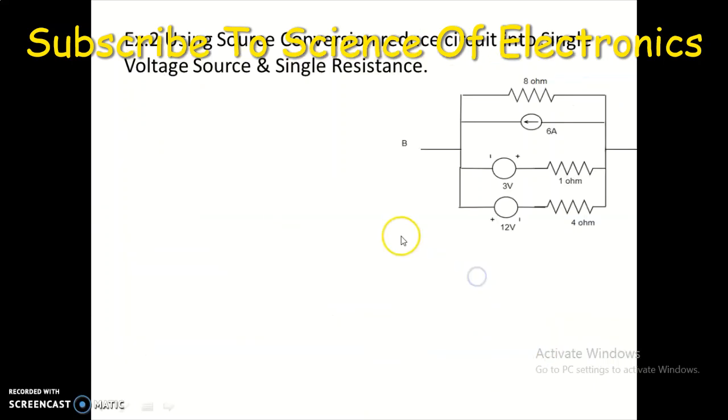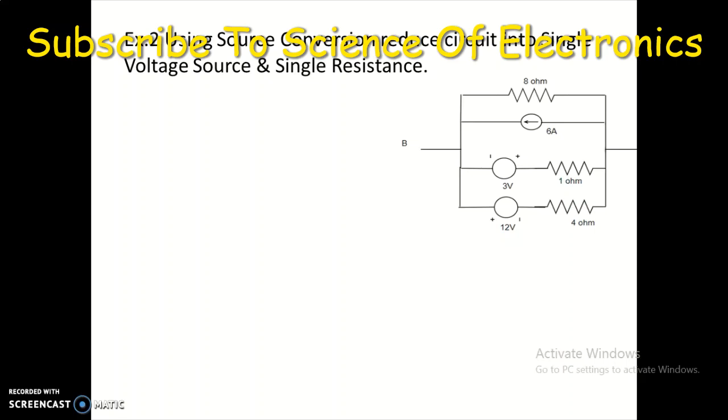Let us take one more example. In this example, using source conversion, we have to reduce the circuit into a single voltage source and a single resistance. Here we can see there are a number of branches in parallel. When a number of branches are in parallel, we simply convert the voltage sources into current sources, as only when current sources are in parallel does their addition or subtraction take place.